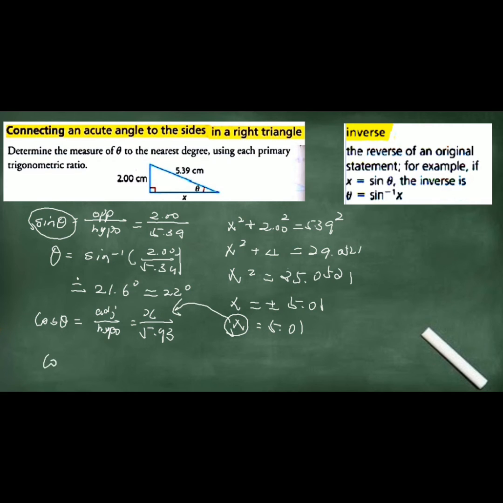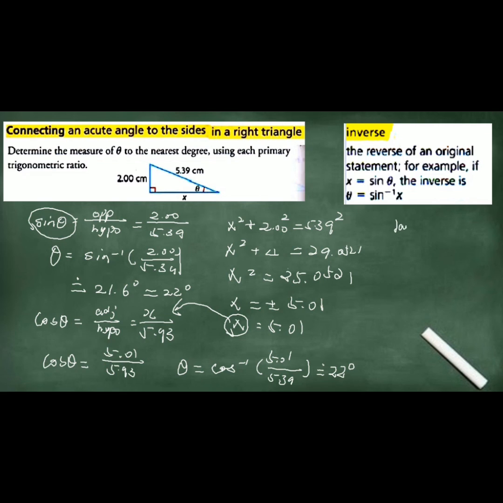Now we know x, so we substitute it in. Cosine theta equals 5.01 over 5.39. So theta equals inverse cosine of 5.01 over 5.39. Using the calculator, it's about 22 degrees. Next we use tangent.